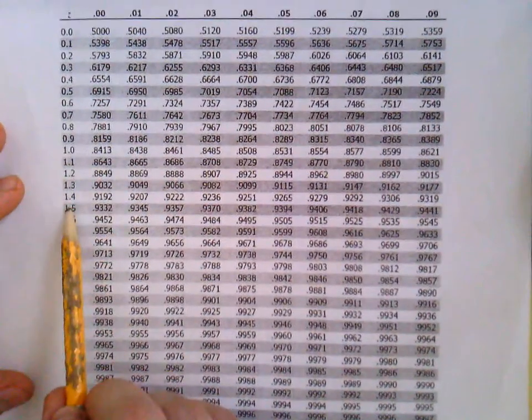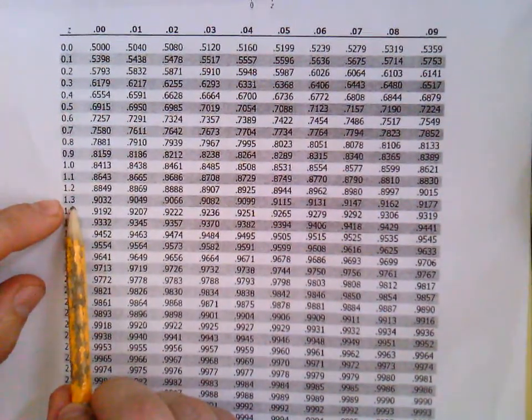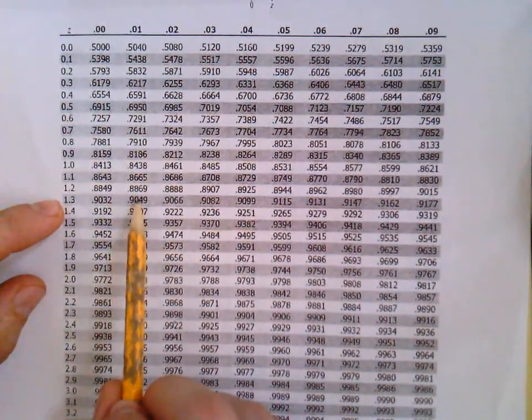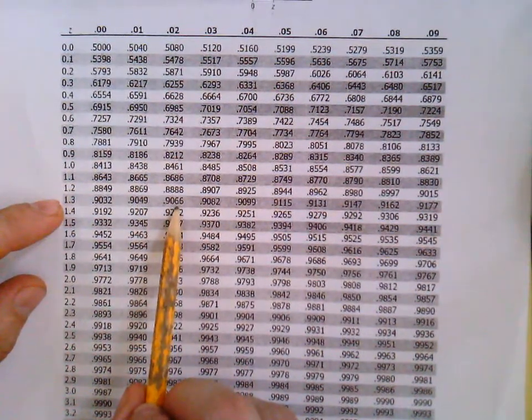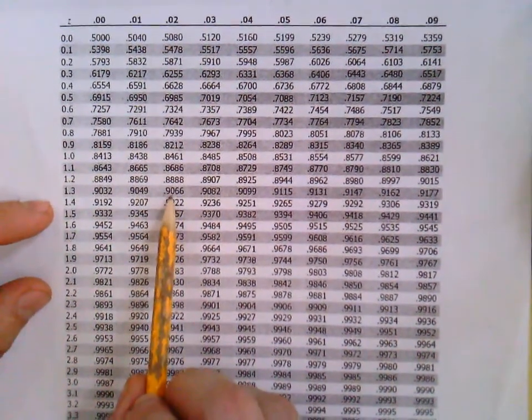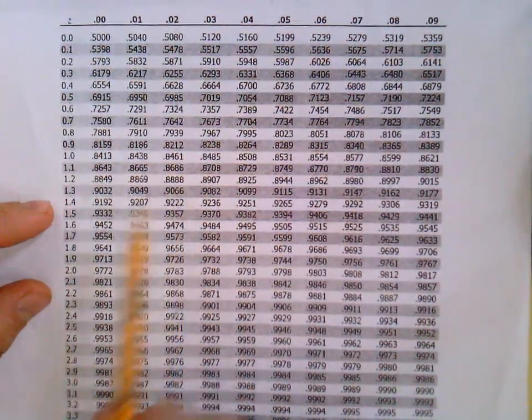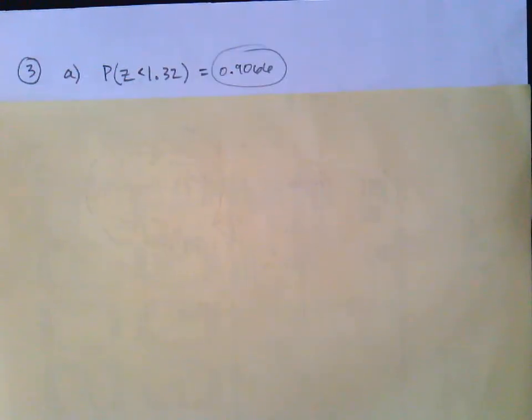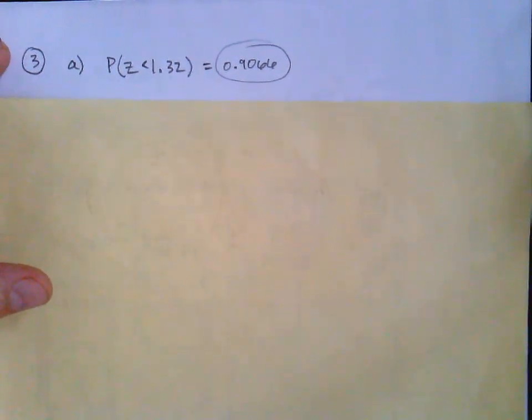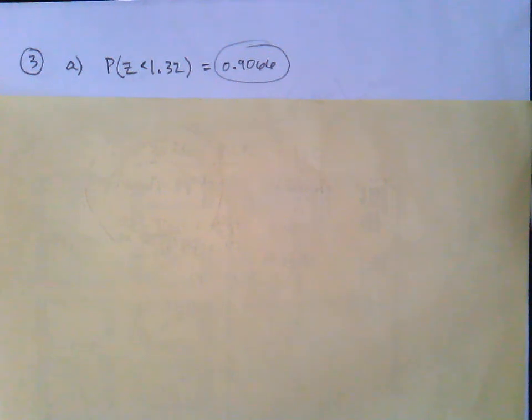Okay, there's 1.3, and then that would be 1.30, 1.31. There it is right there, 1.32. And hopefully you can read that. That's 0.9066. That is our answer. And there's no work to do. There's no formula. You just use the table. 0.9066. And we like 4 decimal places here. Just copy that whole thing.